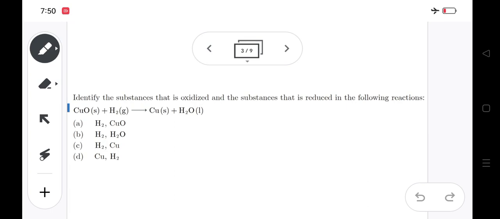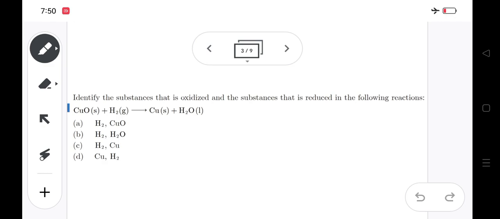Identify the substance that is oxidized and the substance that is reduced in the following reaction. This reaction is familiar to you. It is the reaction between copper oxide and hydrogen, where copper oxide is reduced to form copper and hydrogen is oxidized to form water.